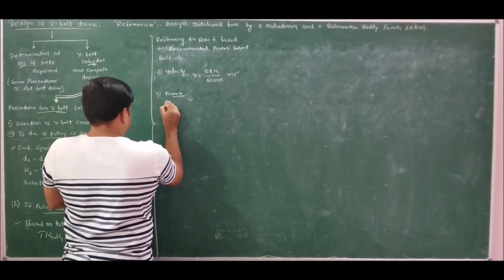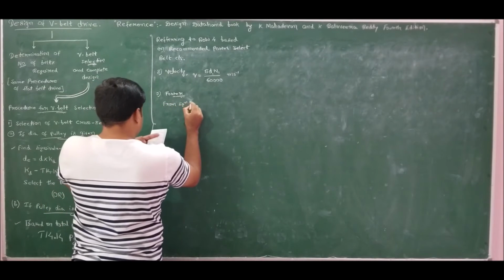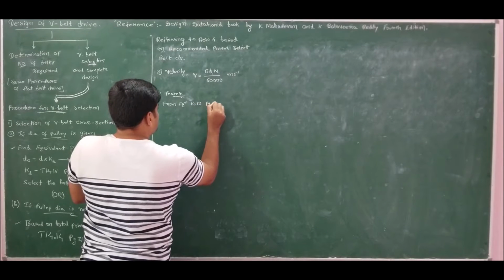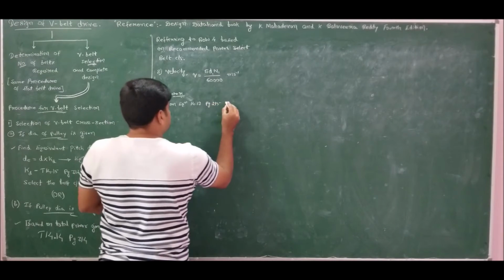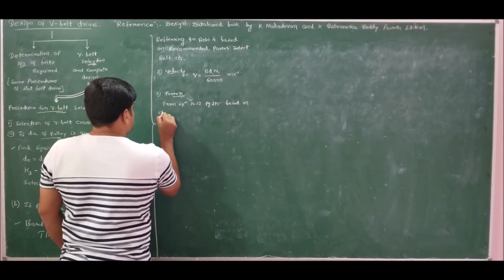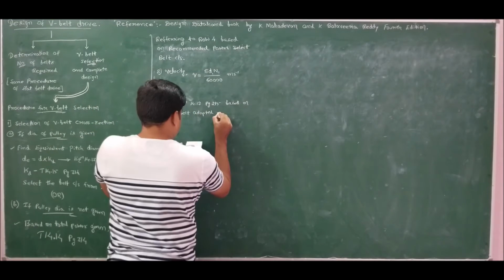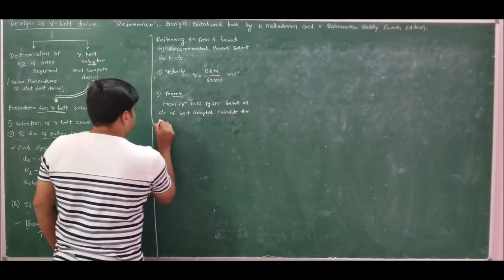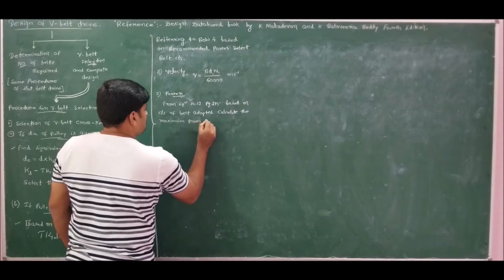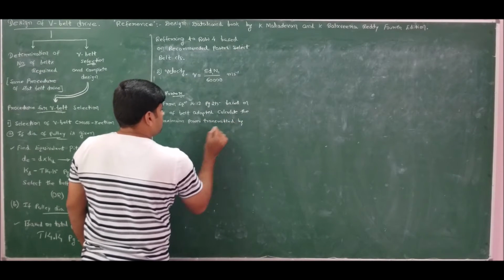Referring to equation 14.13 on page 295, based on the cross section of belt adopted, calculate the maximum power transmitted by one belt.